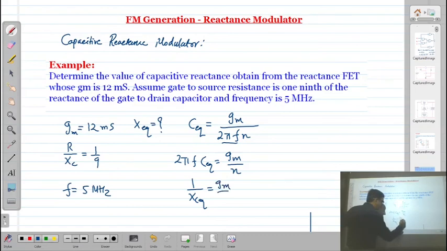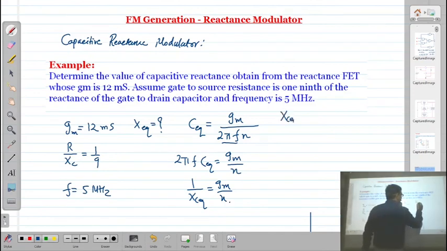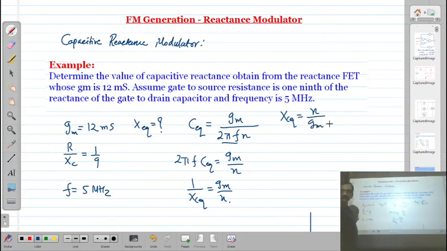So it is Gm by N, and here Xc equivalent will be equal to N by Gm.